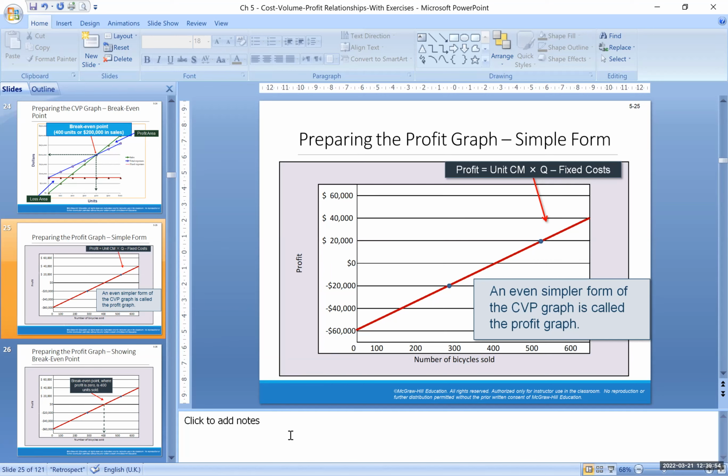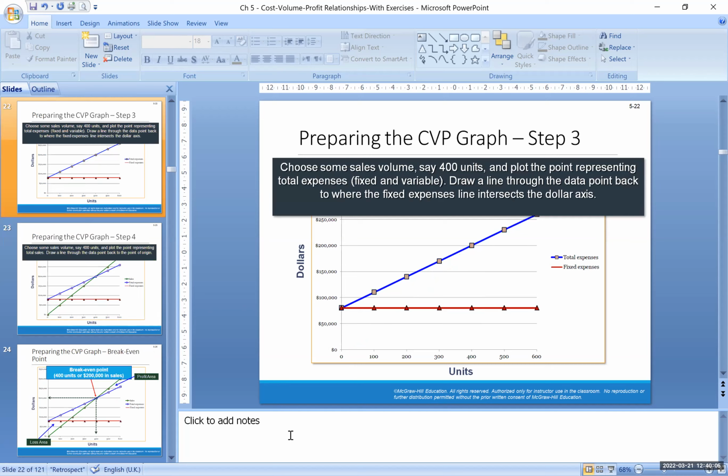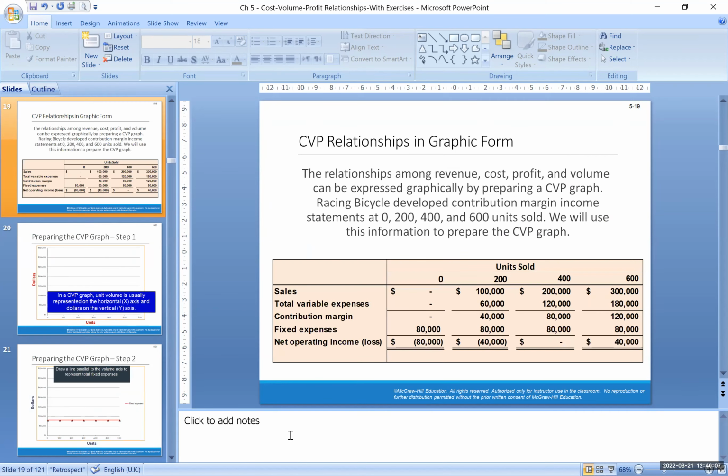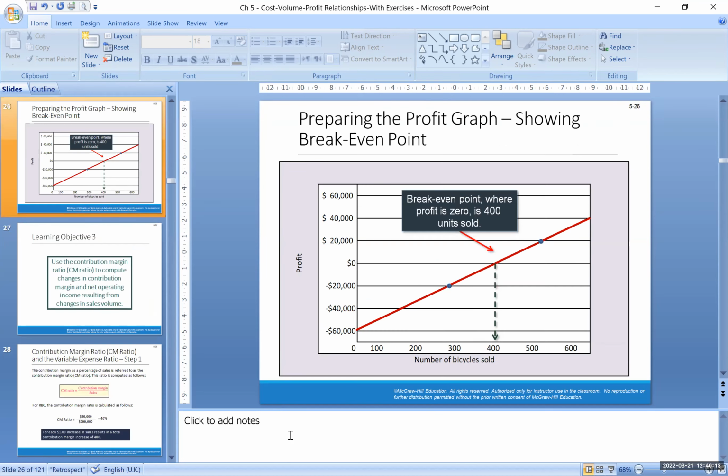If we sell 0, we have a loss of 80, because the fixed expenses are 80,000.